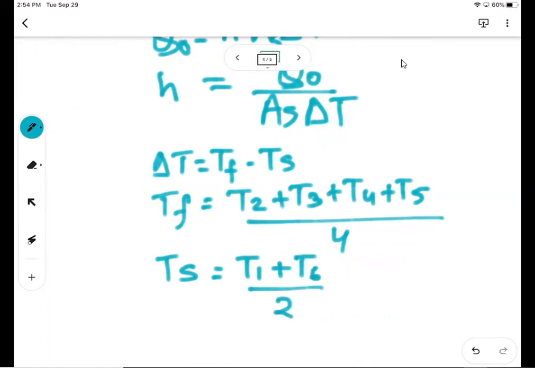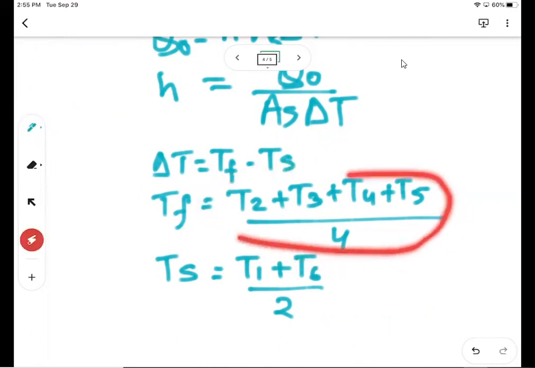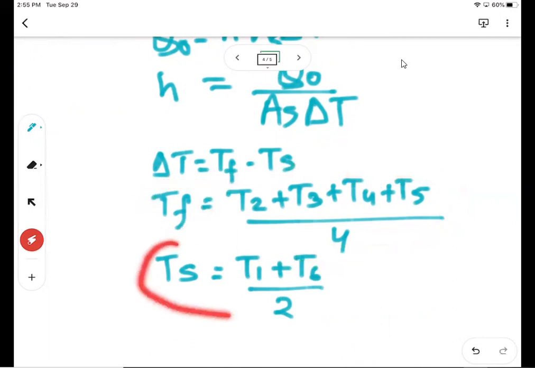So this is basically the temperature of the air. What you will get is the mean temperature of the heated air, TF, and this is the inlet and outlet temperature, TS. So this is what delta T is.